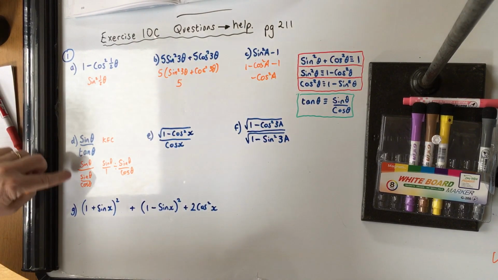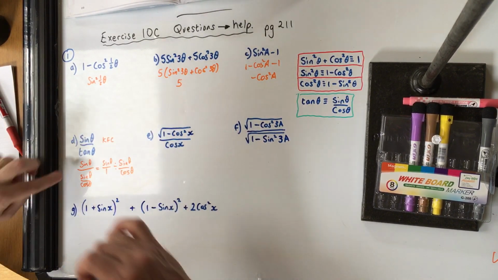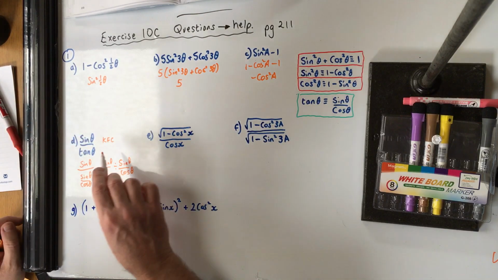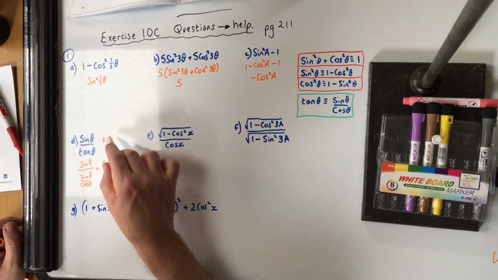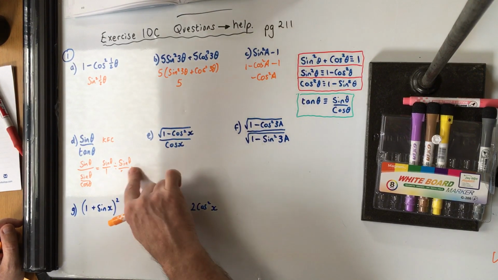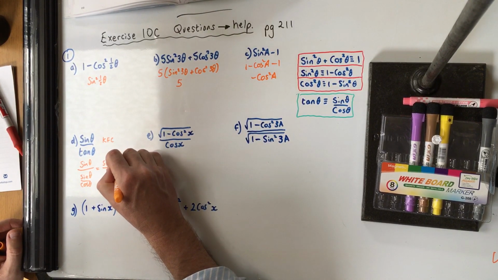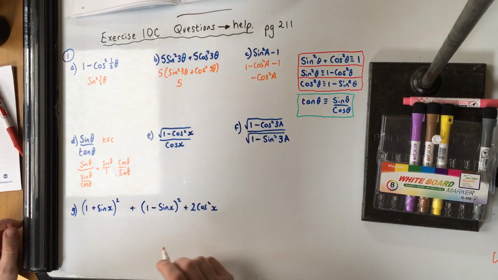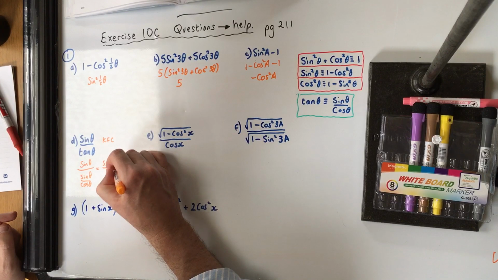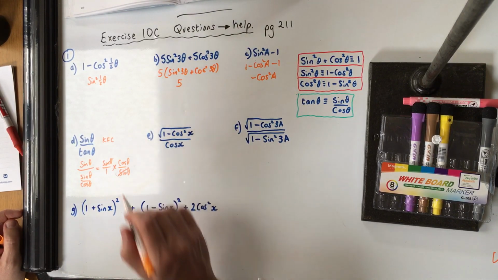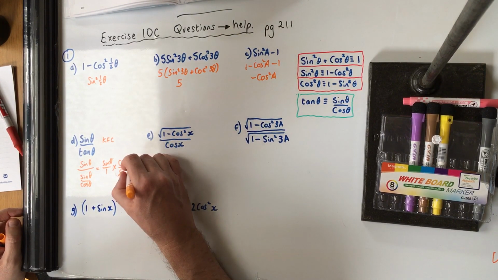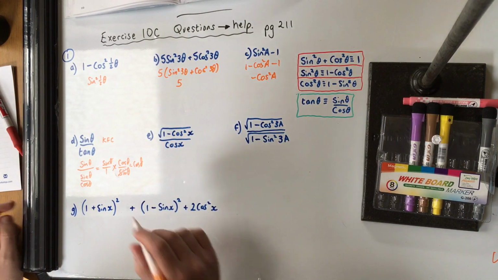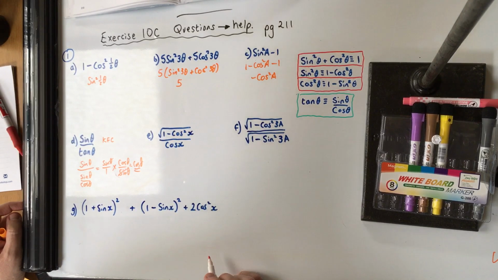Flip the second one over, so that becomes cos theta over sine theta. Change the divide to times, and you can see that the sine cancels out and you're just left with cos theta. So all of that just becomes cos theta. Easy.